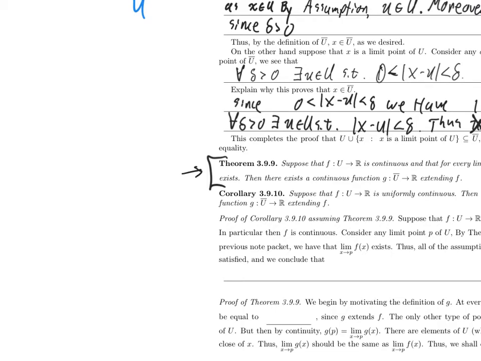So this is why sometimes when you have a function which has the property, so let's see, this is an aside.